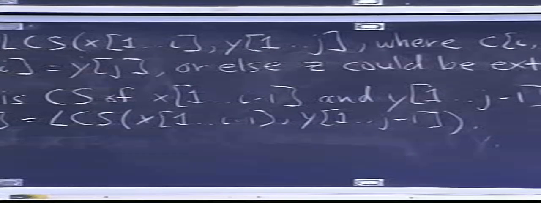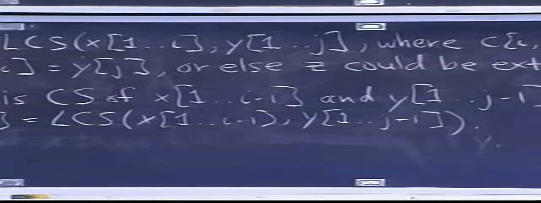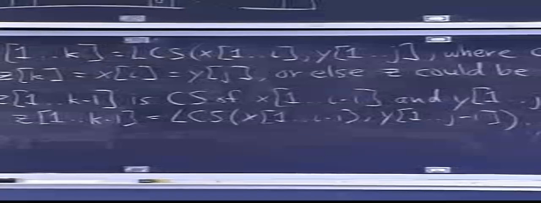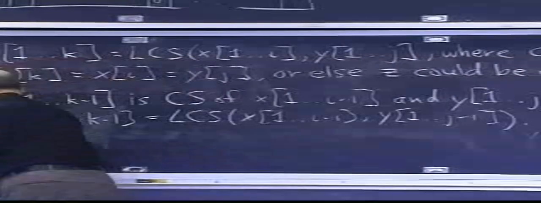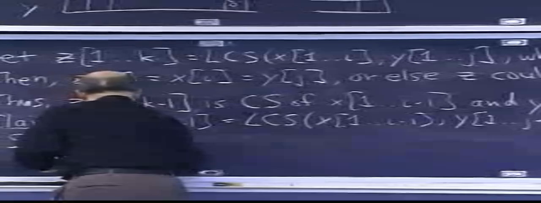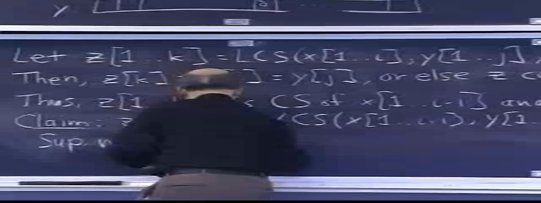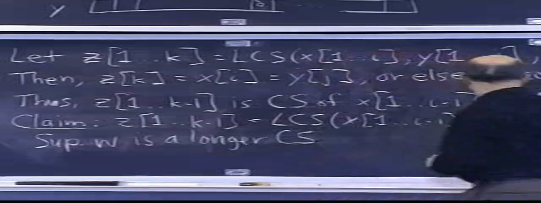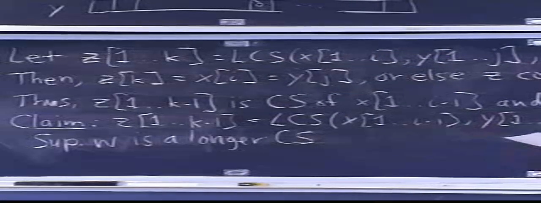We know it's a common subsequence. What we don't know right now is that it's the longest one. Okay? And the way I'm going to prove this is by contradiction. So let's suppose we have a longer one. So suppose, say, W is a longer common subsequence of these two prefixes. Okay?